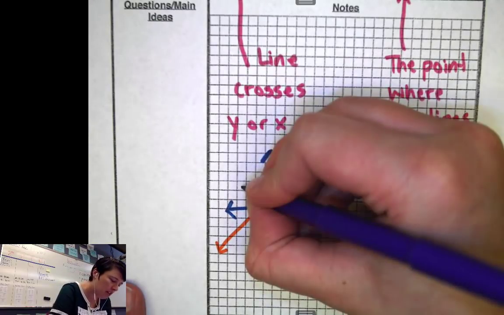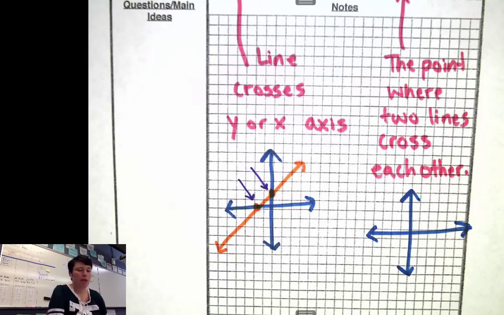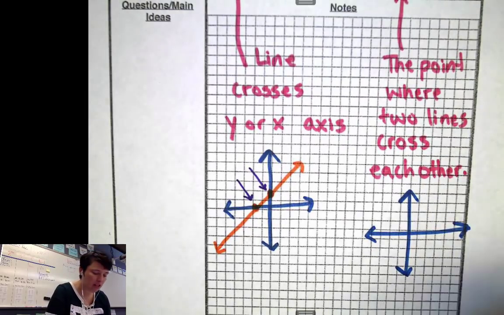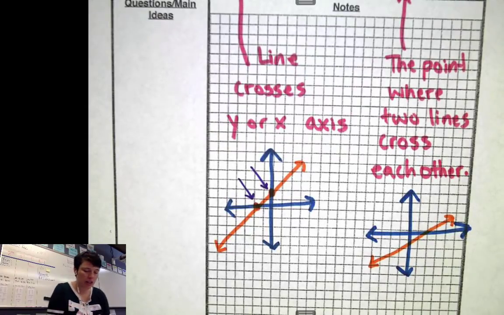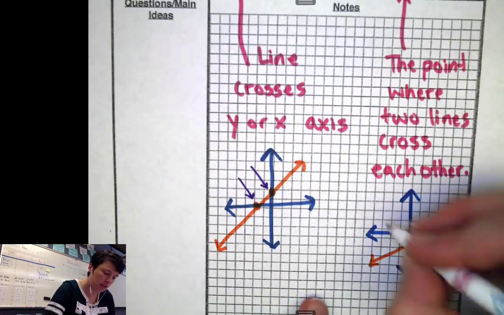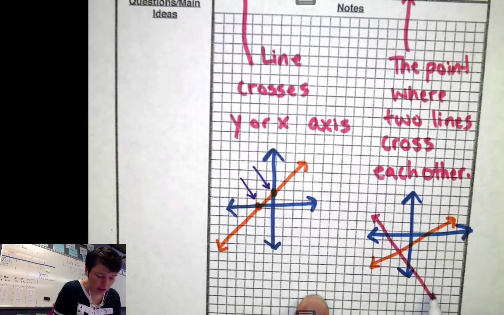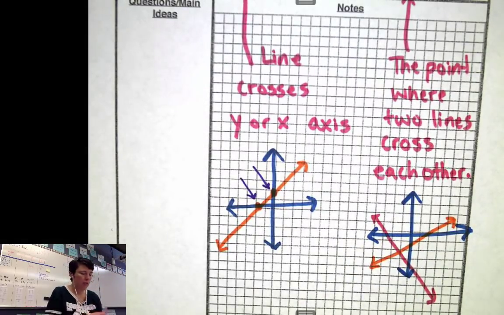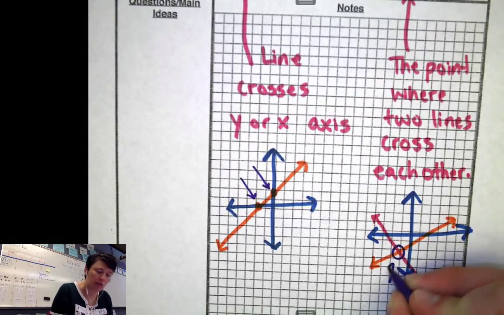So these points are intercepts. What I'm talking about over here, intersect, is when I have a line and then I draw a second line. Maybe it's going, let's make it hit somewhere like this. There we go. This is what I'm talking about when we're talking about intersect, when 2 lines cross each other.